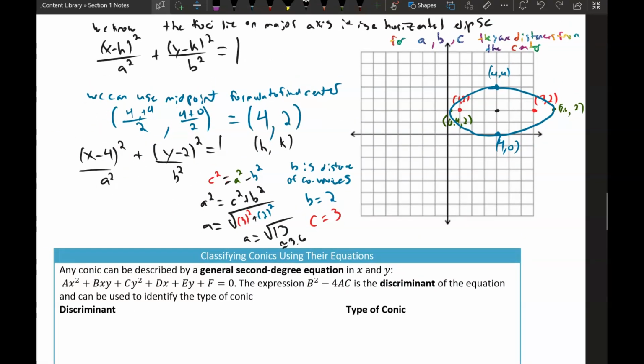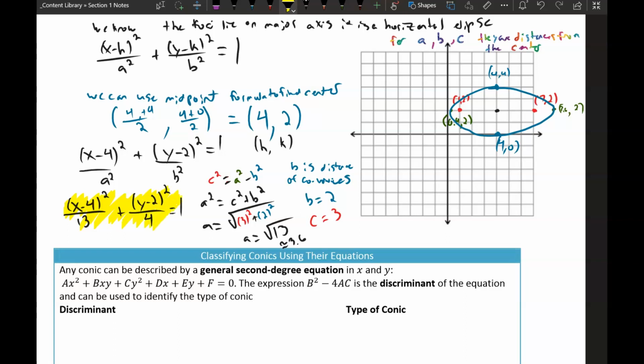Our final equation is going to be x minus 4 squared over A squared, which is the square root of 13 squared, so 13, plus y minus 2 squared over B squared, and B is 2, so that's 2 squared, which is 4, and that equals 1. That is our final answer. This is what we're looking for.